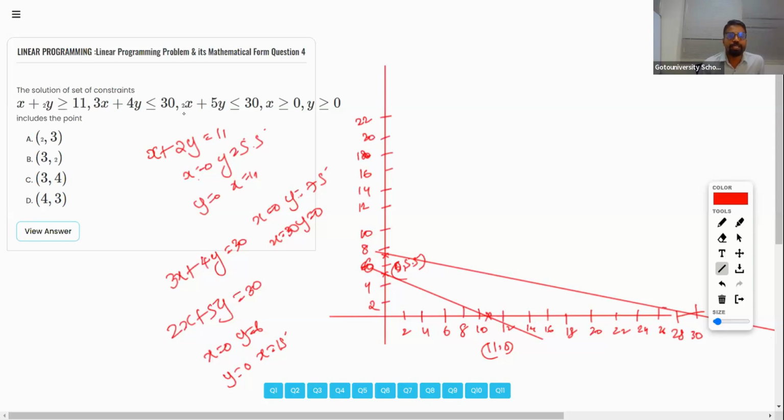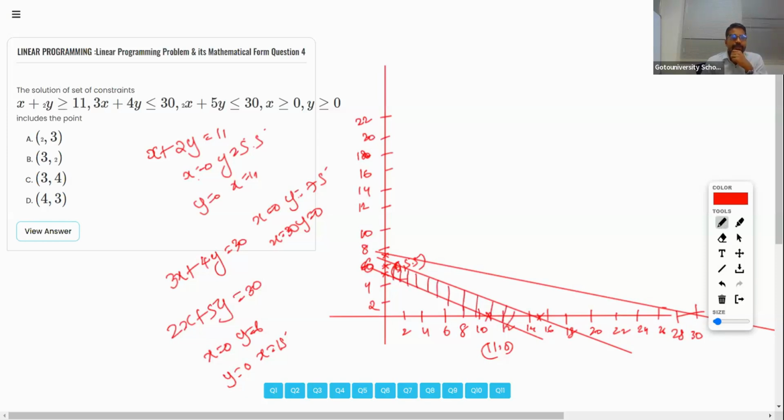Then we have 2x plus 5y less than or equal to 30. So (0, 6) and (15, 0) are here. So another line we are going to draw, and this line goes like this. If these are the lines, our region is going to be definitely in this place then.